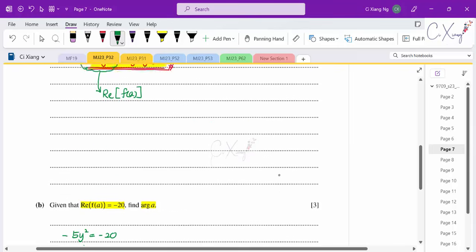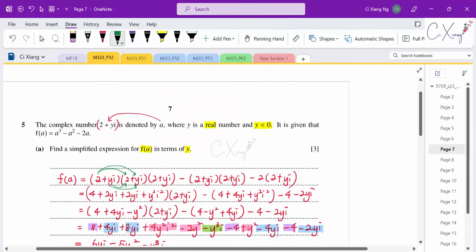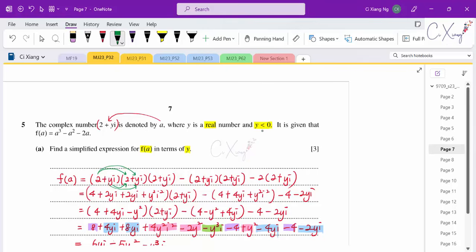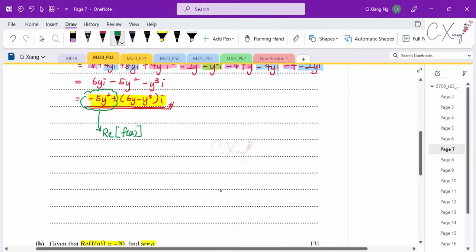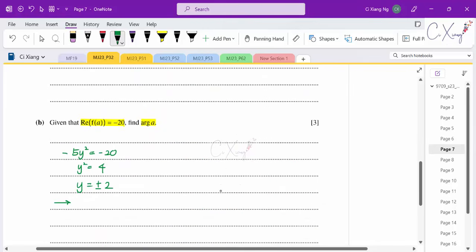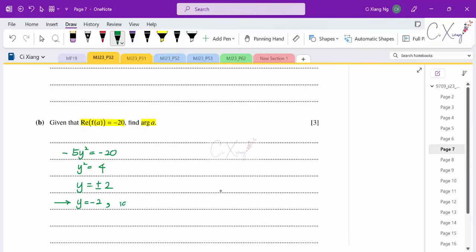Have a look at the question again. For question number 5, they did mention that y is a negative value, like y smaller than 0. Therefore, in our solution here, we only accept y equals negative 2, and we ignore y equals positive 2. So y equals negative 2 will be the value that I have.